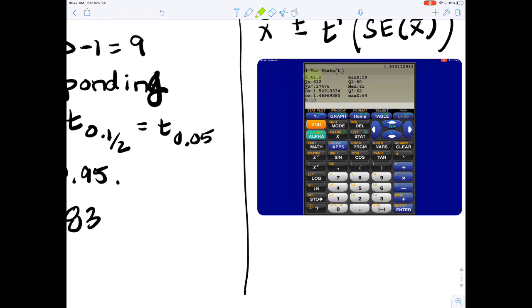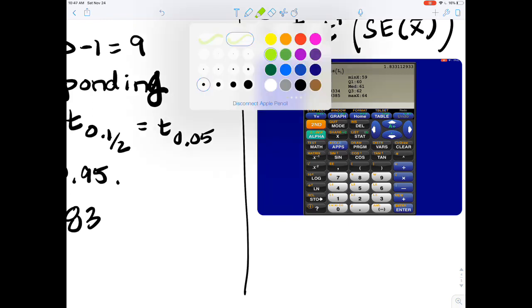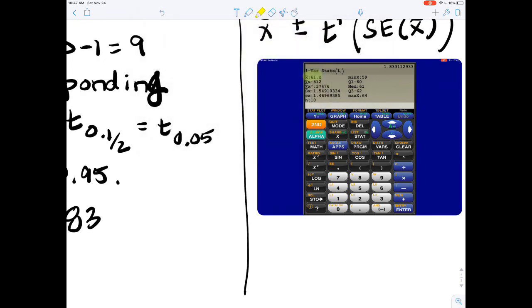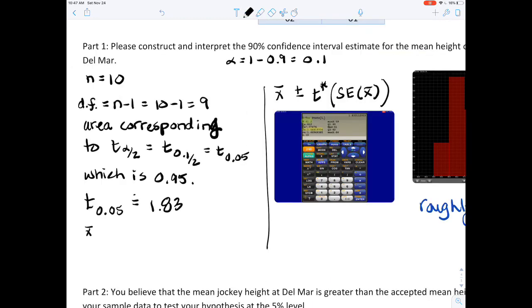All right, and then our Sx that we're also interested in is, there we go. X bar was equal to 61.2, and of course that's in inches. And then s is equal to 1.5492, and that's in inches. Groovy?